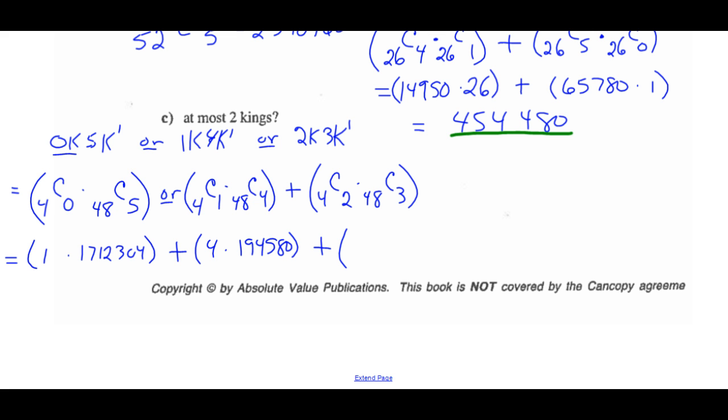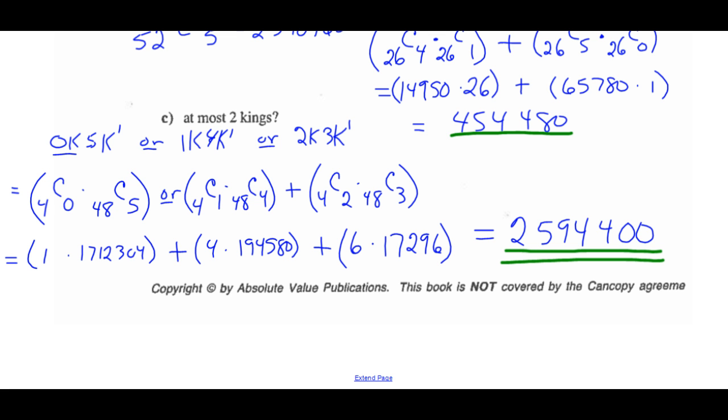Or 4 choose 2 is 6. And 48 choose 3 is 17,296. Right? So you could work that out. You come up with 2,594,400 possible 5-card hands that have at most 2 kings.